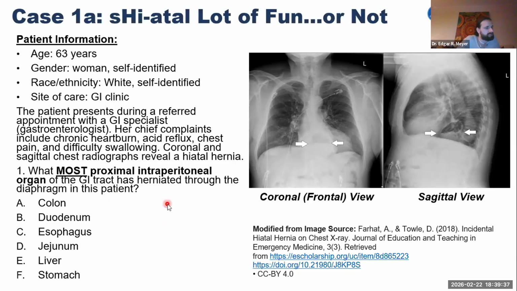Okay, I'm seeing F, E. Lots of good diverse answers. Okay, looks like we've got a fair split between D, E, and F.